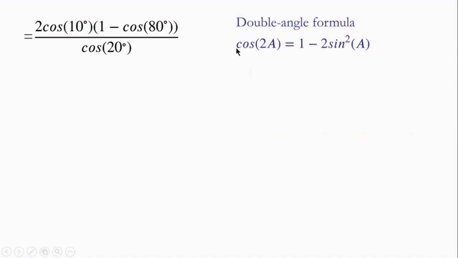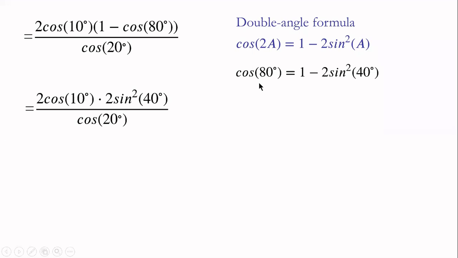Double angle formula: cosine 2A equals 1 minus 2 sine squared A. So cosine 80 degrees equals 1 minus 2 sine squared 40 degrees.